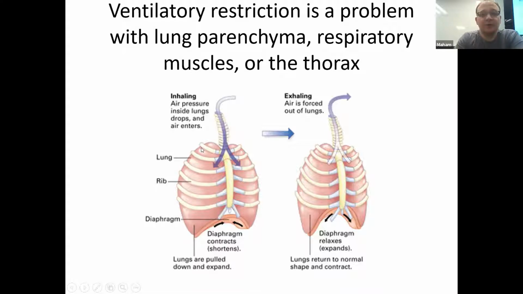If there's any problem with the structures, the pleura, the diaphragm in terms of its muscle strength, or the lungs themselves in terms of their compliance, you're going to end up with less total lung capacity, and in some cases less tidal volume, or a higher fraction of dead space in your tidal volume due to the lower lung volumes.